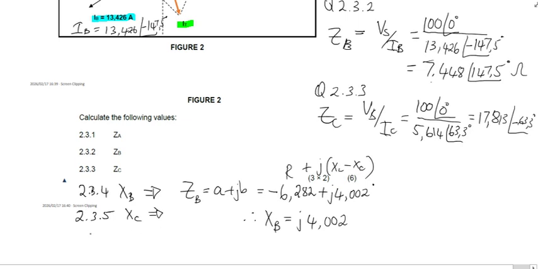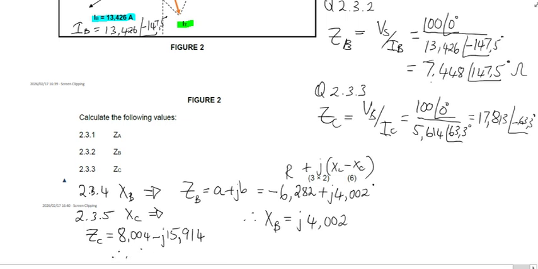XC will follow suit. We take ZC, convert it to rectangular form. So let's convert to rectangular form 17.813 at an angle of negative 63.3. That gives me 8.004, and then minus j15.914.